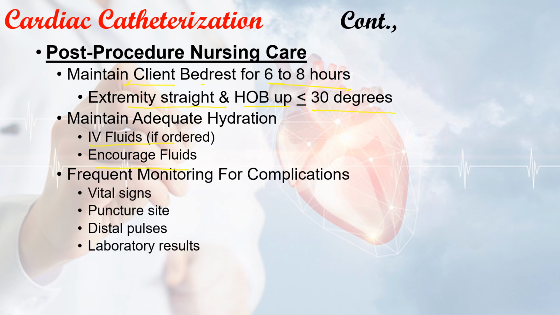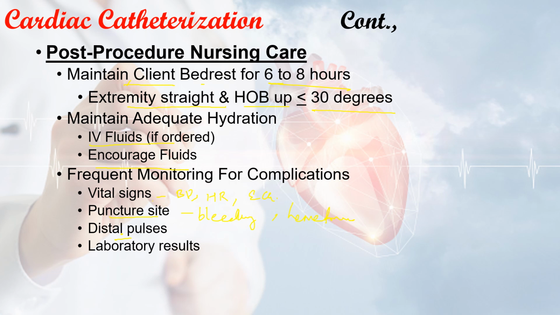Then frequent monitoring for complications. So monitor vital signs, that is blood pressure, heart rate, then ECG, that is cardiac monitoring. Then the puncture site is to be monitored for bleeding and hematoma. Similarly, the distal pulse, peripheral to the area where the sheath or catheter was inserted, is supposed to be monitored periodically, because there is a risk of damage to the arteries.